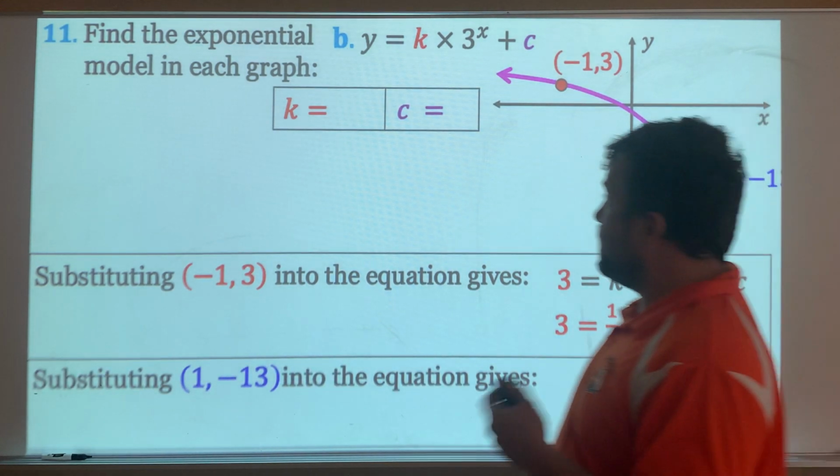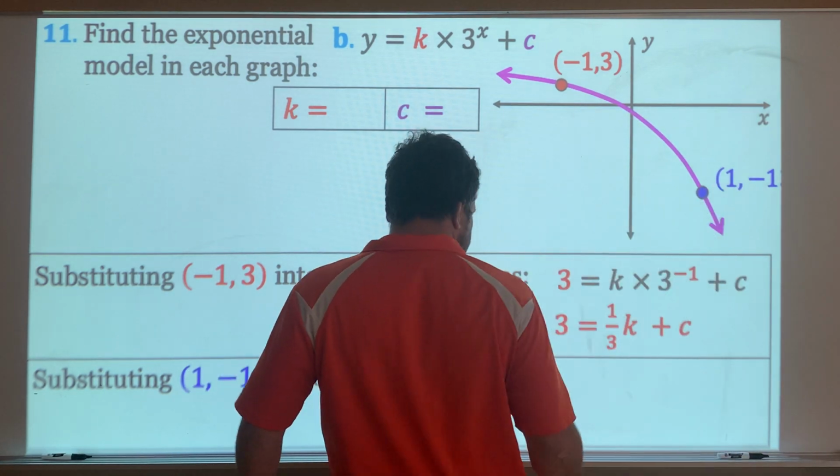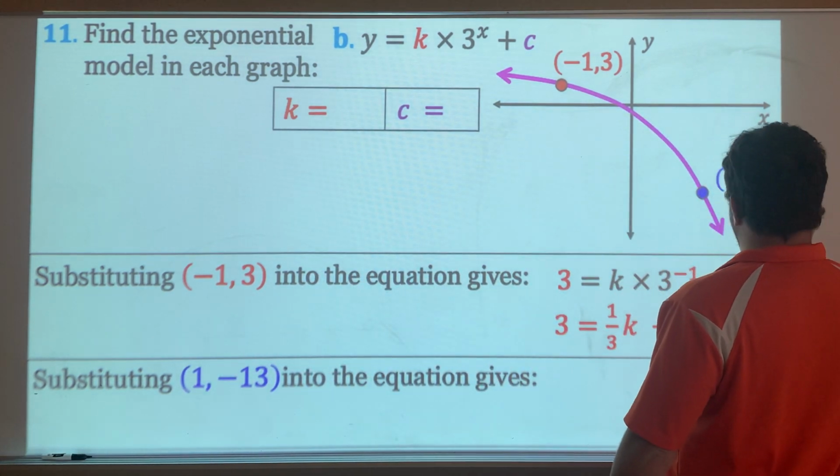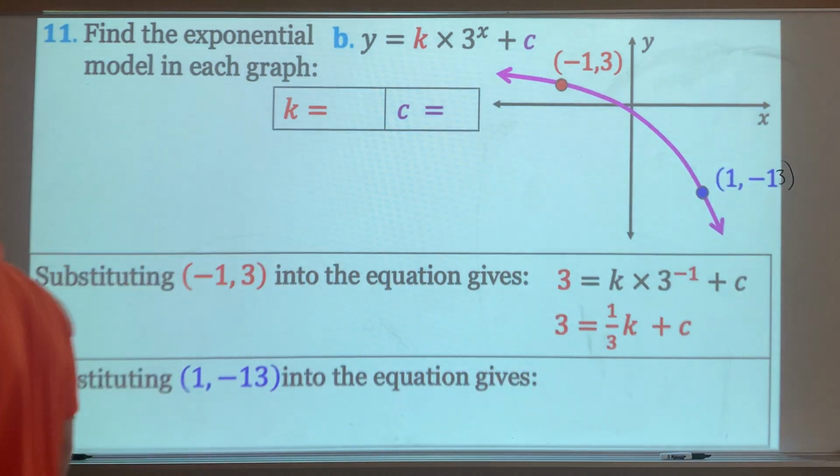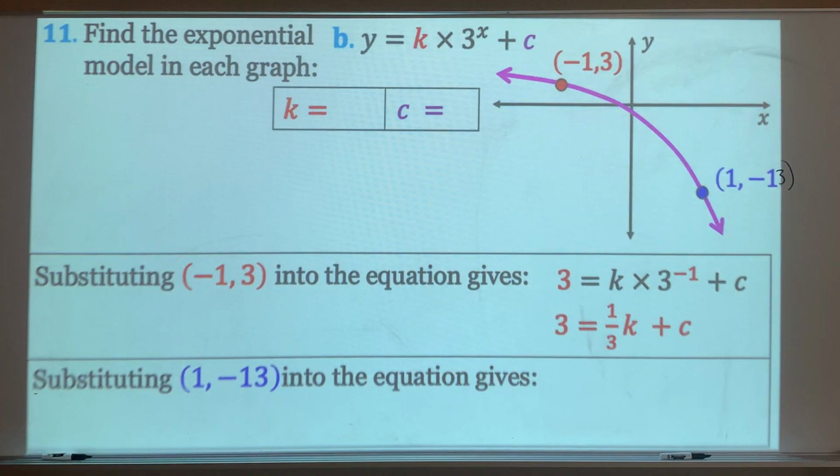Substituting in 1, negative 13 into the equation gives you something a little bit different. That gives you negative 13 equals k times 3 to the first power plus c. Now 3 to the first power is just 3. And what you end up with there is 3k plus c equals negative 13, or negative 13 equals 3k plus c. You could write it either way, it doesn't matter.